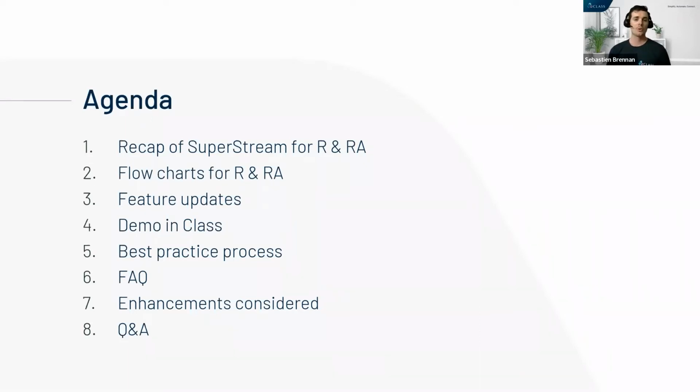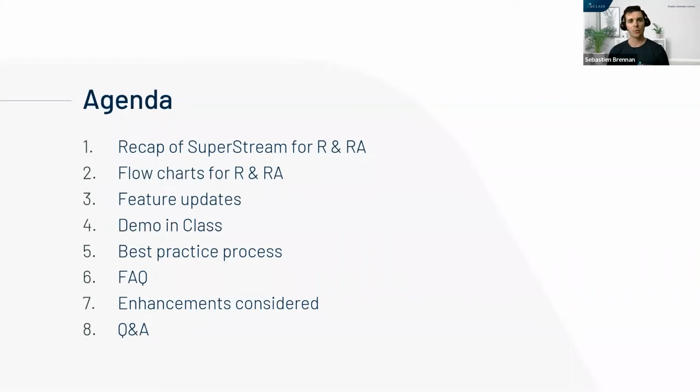We've also continued to invest in improvements in Class SuperStream functionality, and we hope that in today's webinar, we'll be able to enhance your understanding of the key areas by sharing tips and showing you the process and the functionality in Class. For today's agenda, Kevin will start with a recap of the SuperStream and take you through some of the flow charts for each of the event types.